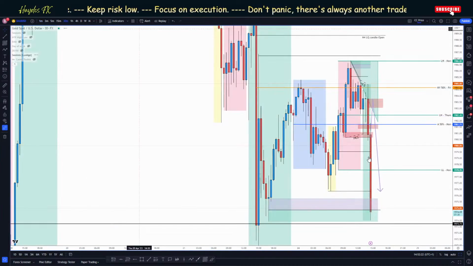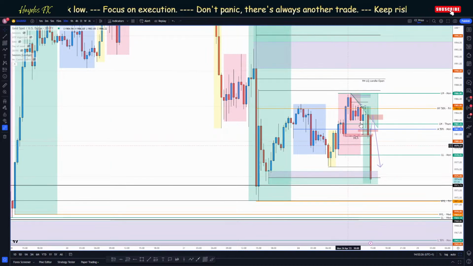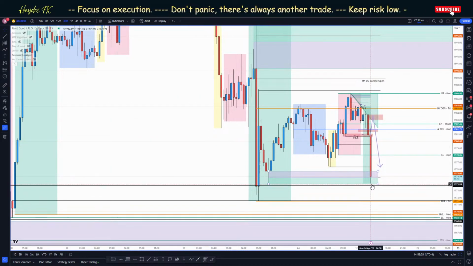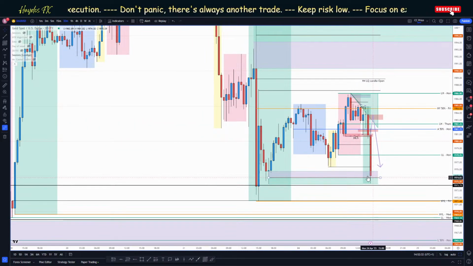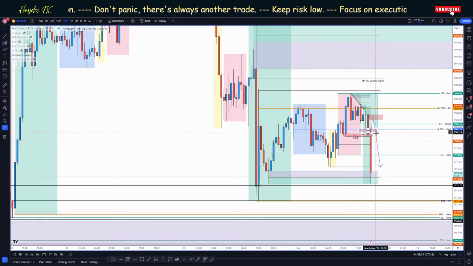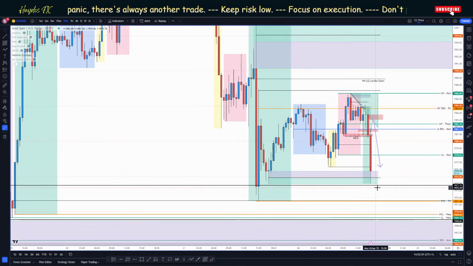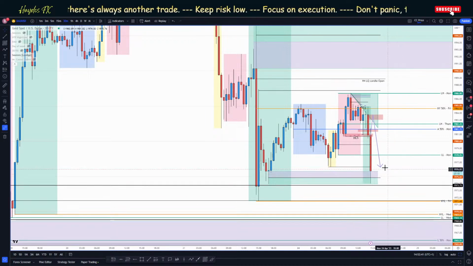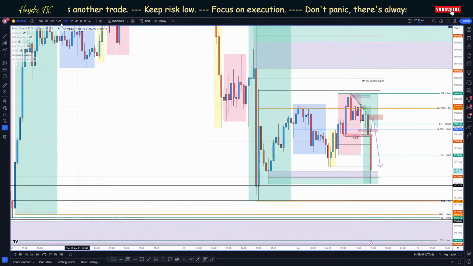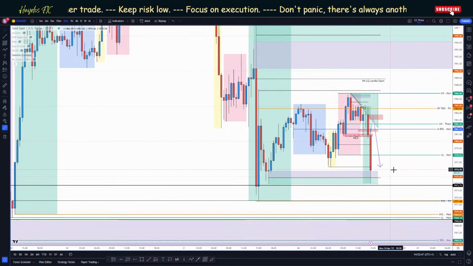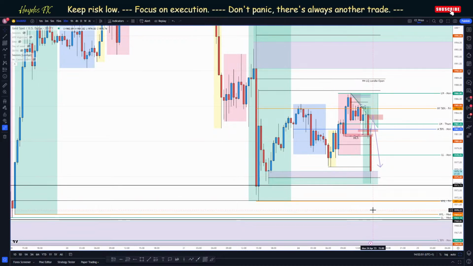Okay, now the thing is, where does it go next? Well, it could very well be an inside day. So does it keep on going down? Or, having done this move, is this volume enough to just keep on going sell? Or is it going to just finish in range? I reckon it's probably just going to finish in range here. I don't think we're going to see too many breaks of this low.